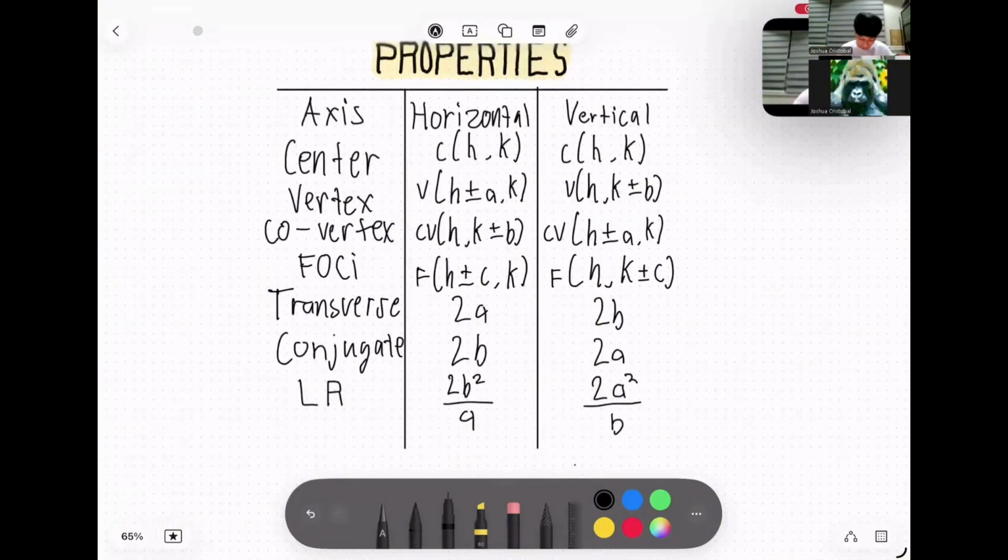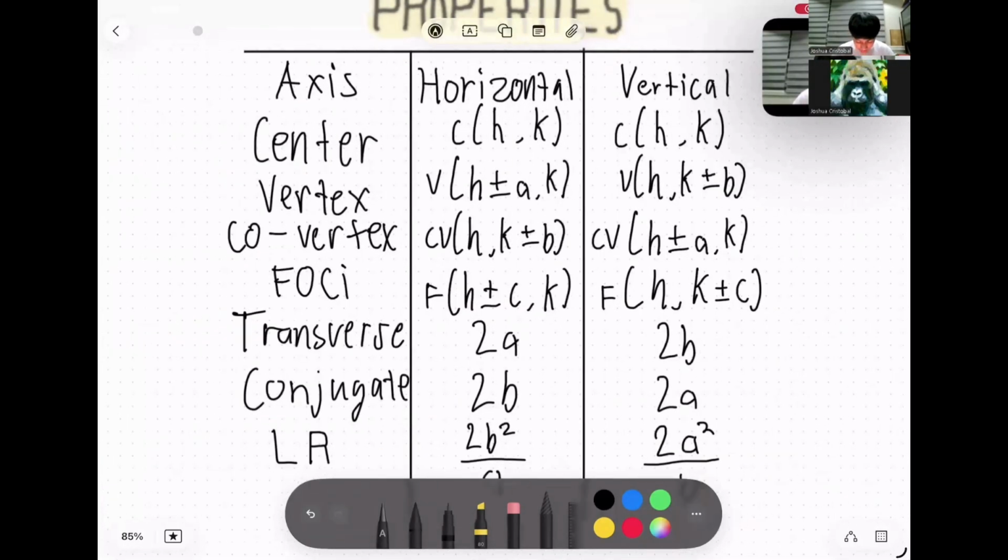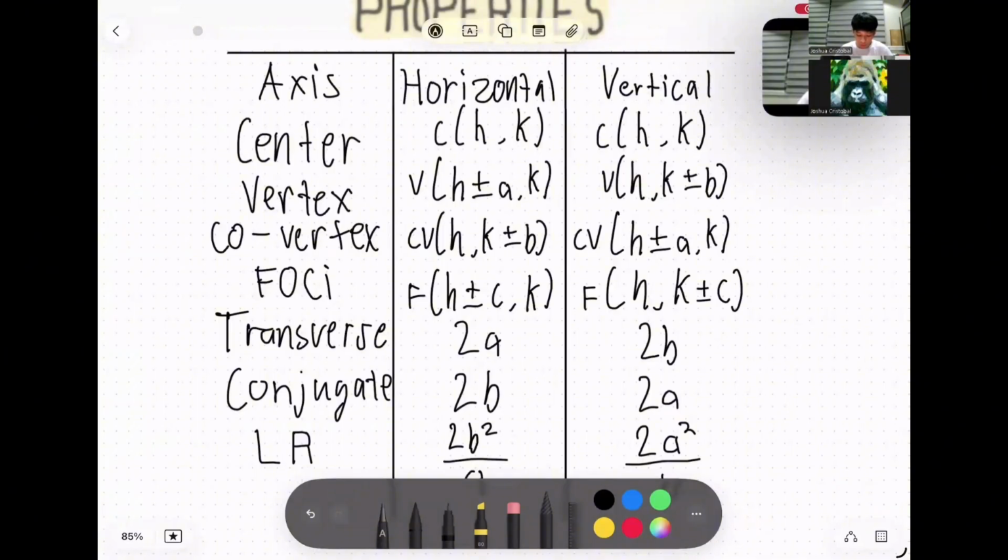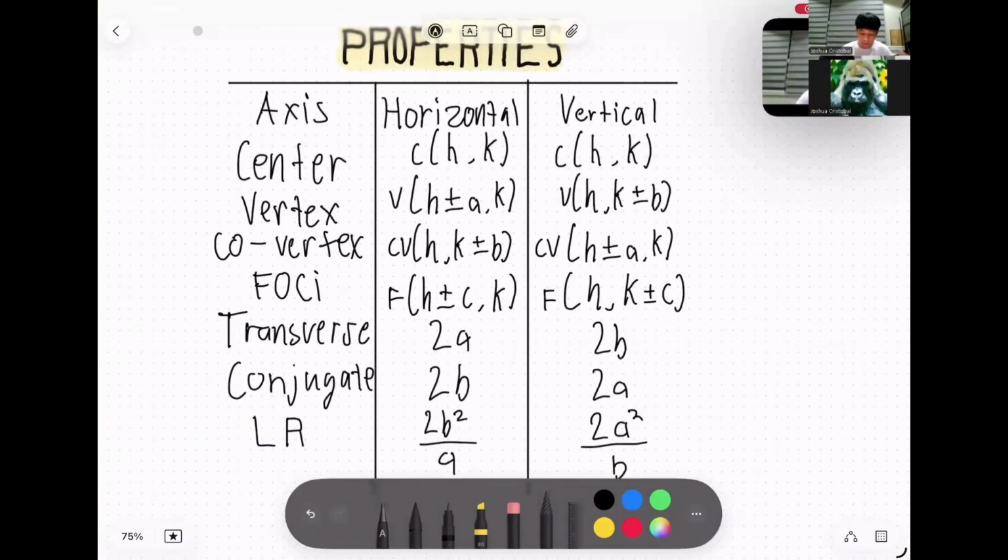Just a tip for remembering this. I would recommend memorizing it, but I would recommend understanding it. So for the vertex, I just remember that h is always partnered with a, and k is always partnered with b.